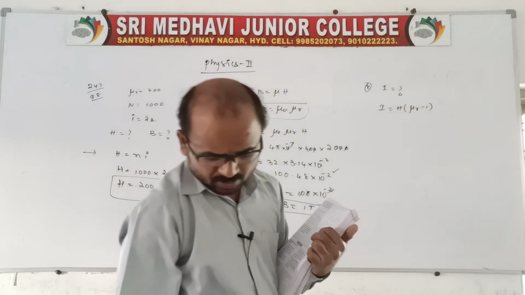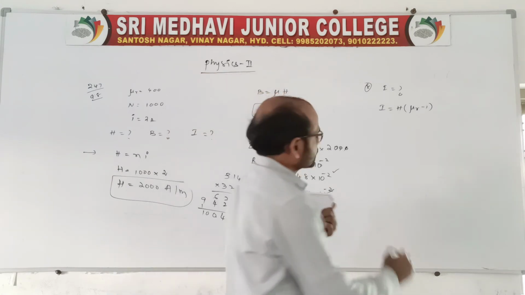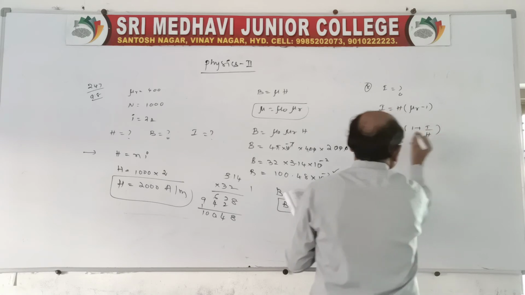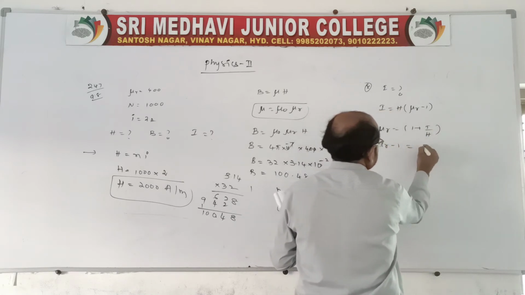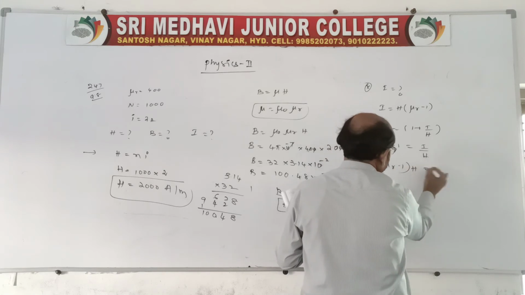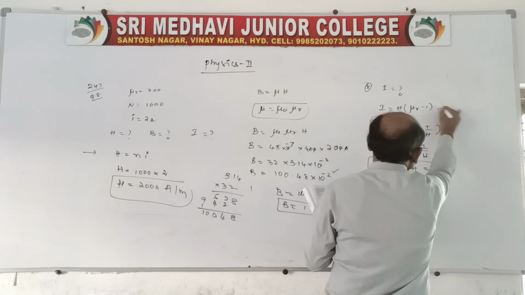This is there because I'll show you the relation from mu r is equal to 1 plus I by H. Better you do mu r minus 1 is equal to I by H. So I is equal to mu r minus 1 into capital H. Better you take this expression like this.